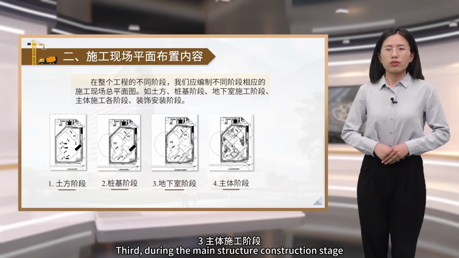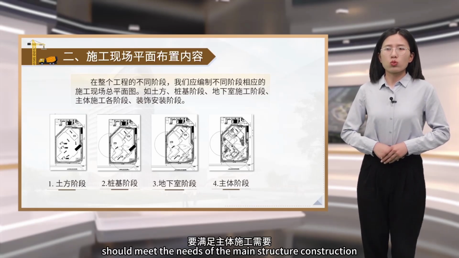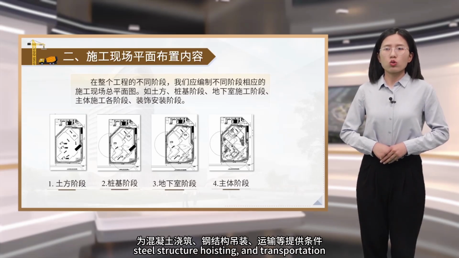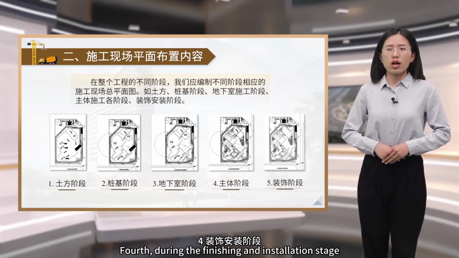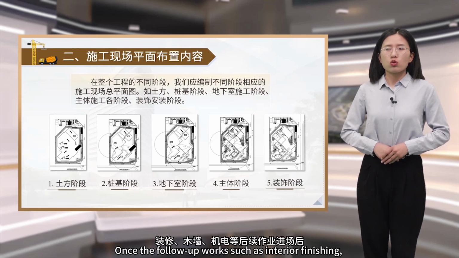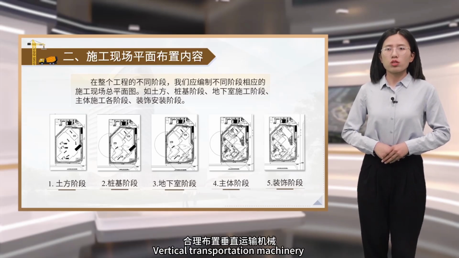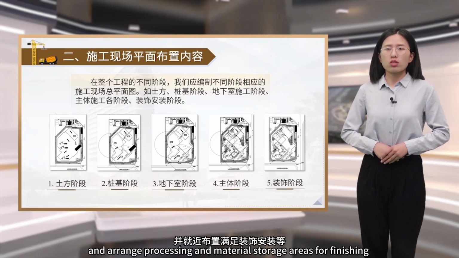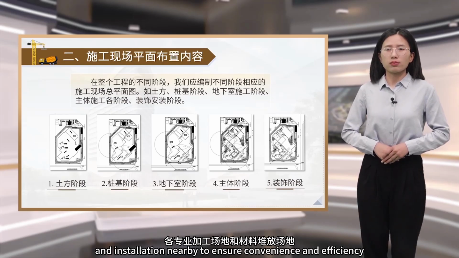Third, during the main structure construction stage, the layout of main roads and large-scale equipment should meet the needs of the main structure construction to facilitate concrete pouring, steel structure hoisting, and transportation. Fourth, during the finishing and installation stage, once the follow-up works such as interior finishing, woodwork, wall partitions, and MEP systems begin, vertical transportation machinery should be arranged rationally, and arrange processing and material storage areas for finishing and installation nearby to ensure convenience and efficiency.